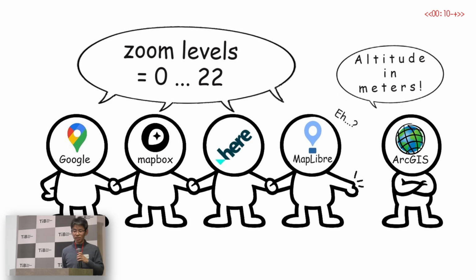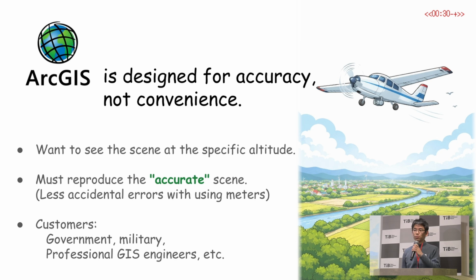Yes, Chris. Actually, I didn't know that ArcGIS doesn't use zoom level; they use altitude. What's the reason? They're designed for professional, military, or government use, so they want to use a particular altitude in meters.